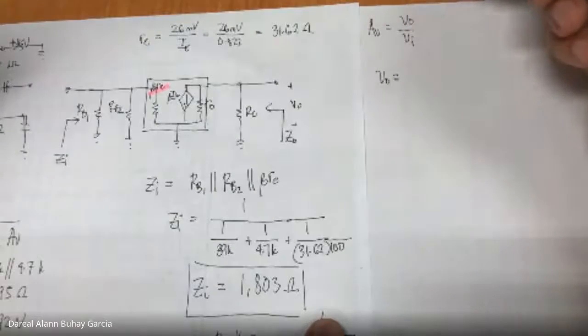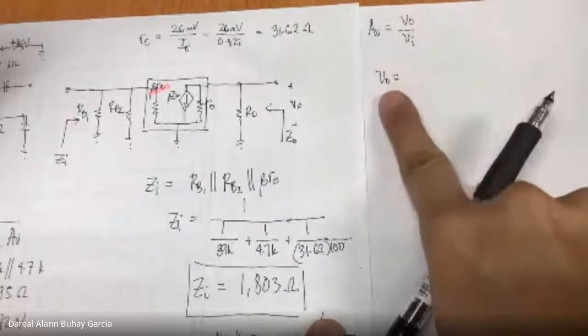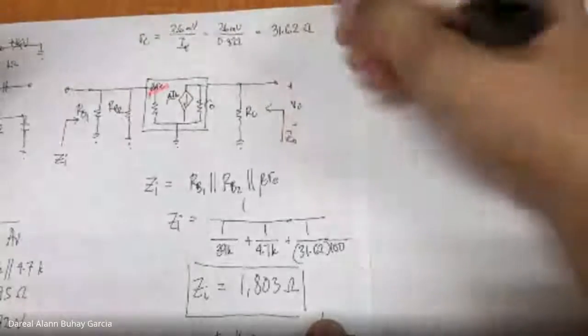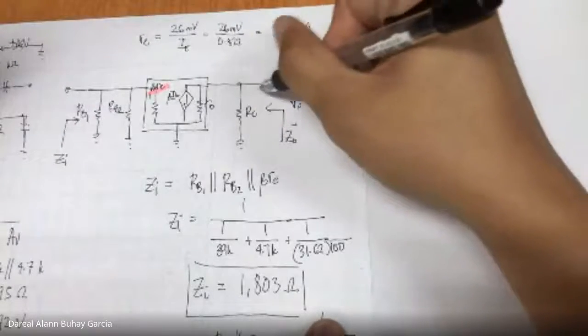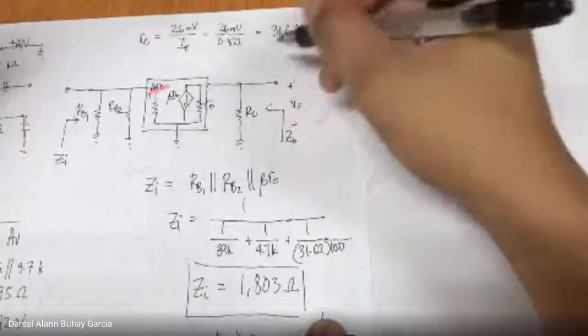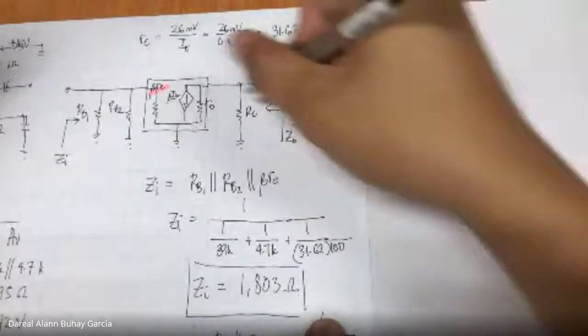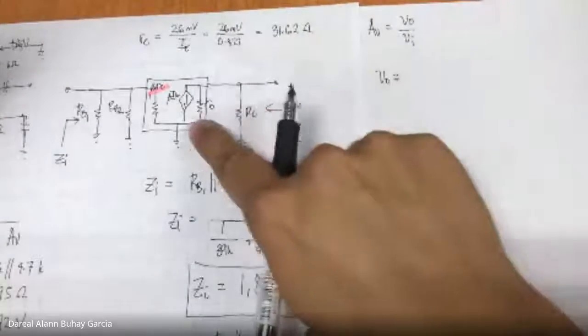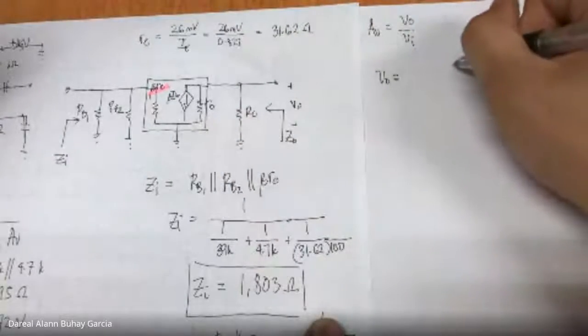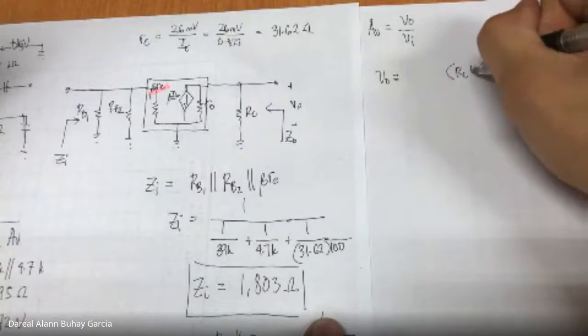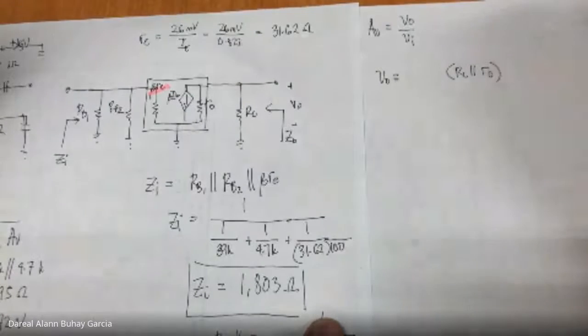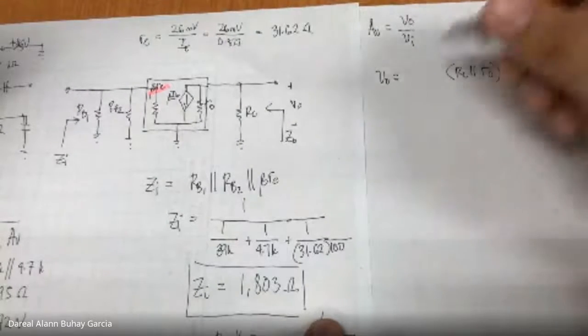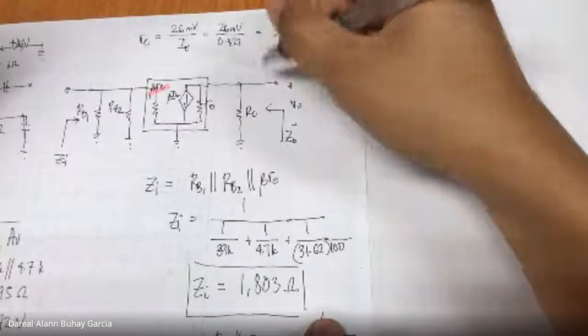Current times resistance. No? Output voltage is the current times resistance. Okay? What is the resistance? RC parallel RO. No? What is the current? Nag-flow dire. No?